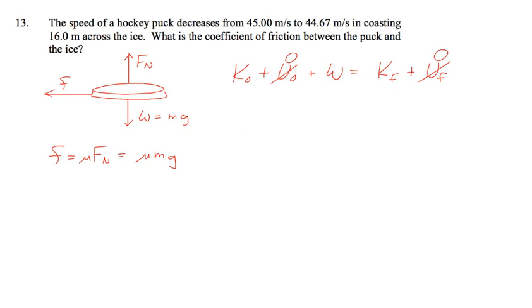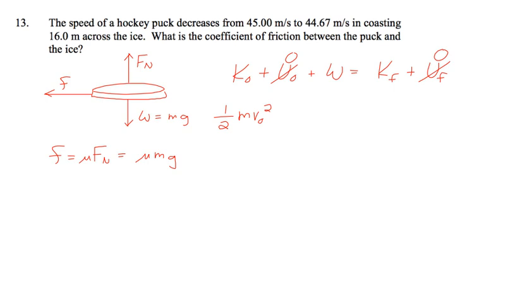So the next step is to replace the original kinetic energy with 1/2 m Vo squared. Now I'm noticing as I write that the mass was not given in the problem. A lot of times when you do these, if work is still there, you can't cancel out the mass. But in this problem, I am going to be writing the work in terms of the mass because friction is mu mg, so it will be in every single term.